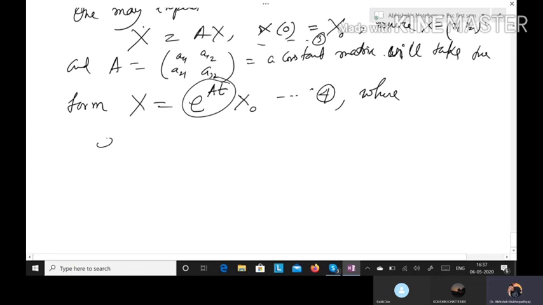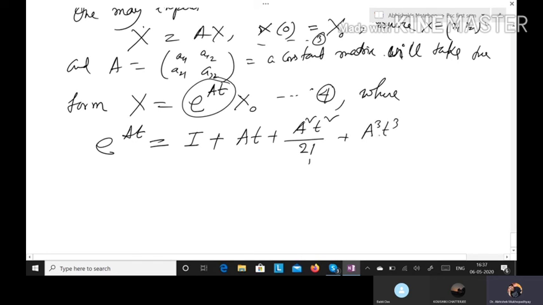Just define it as the notation of this one, that is the identity matrix plus A t plus A square t square by 2 factorial plus A cube t cube by 3 factorial and so on.